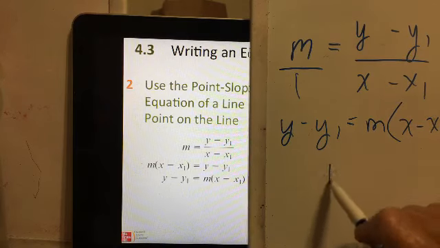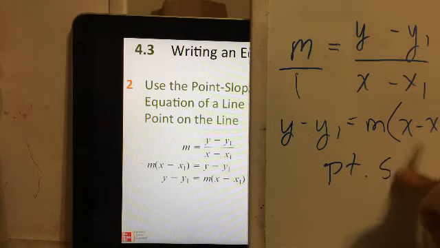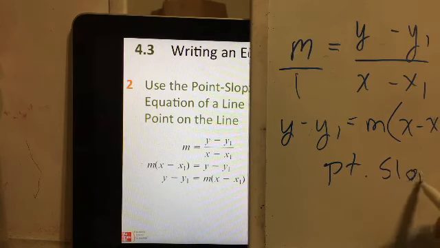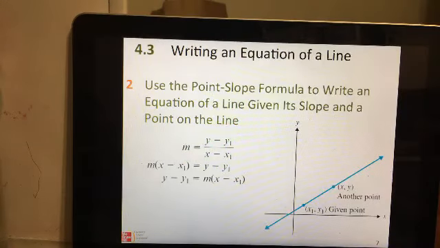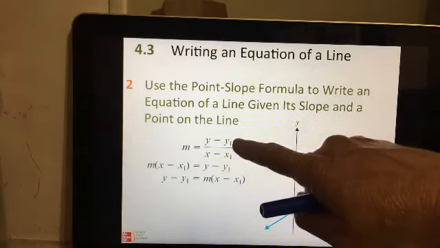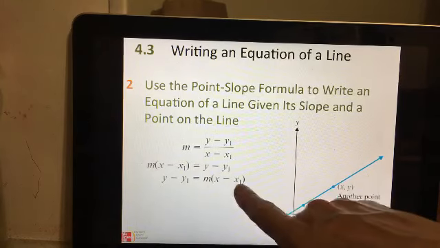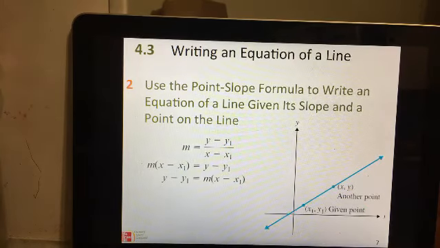This is called the point slope form of the line. Okay, and that's what you have here. This equation results in a cross multiplication of this. And all they did between here and here is switch it around. Okay, so they just turned them around in the mirror.